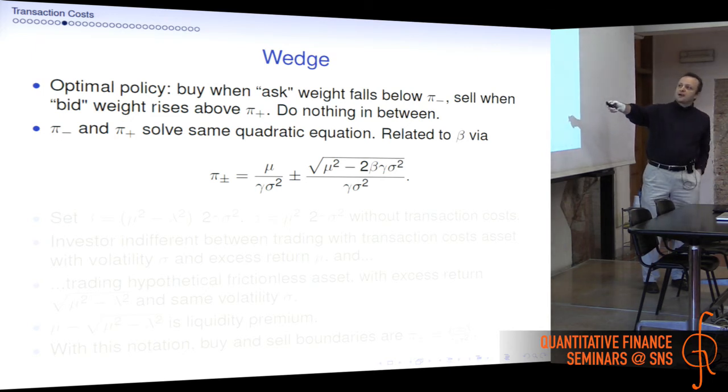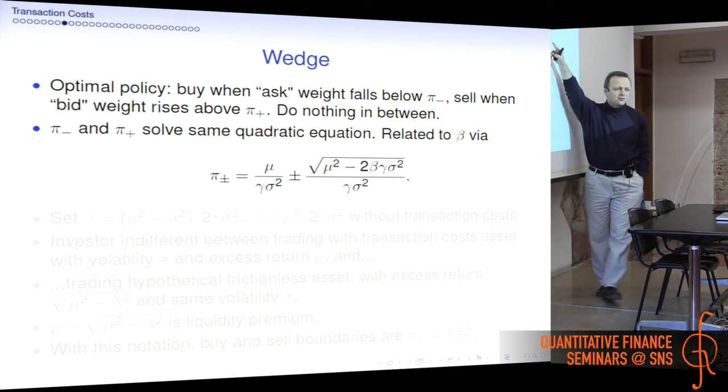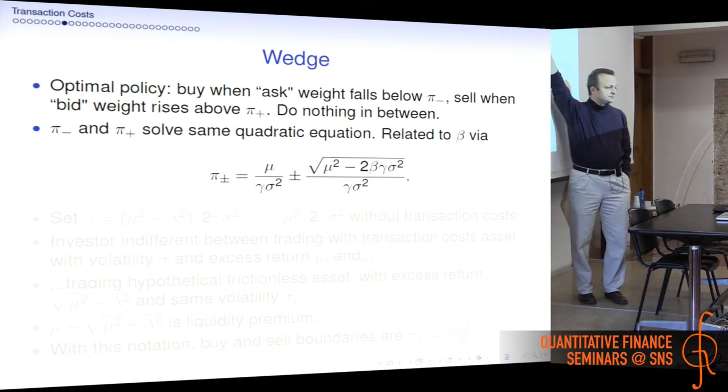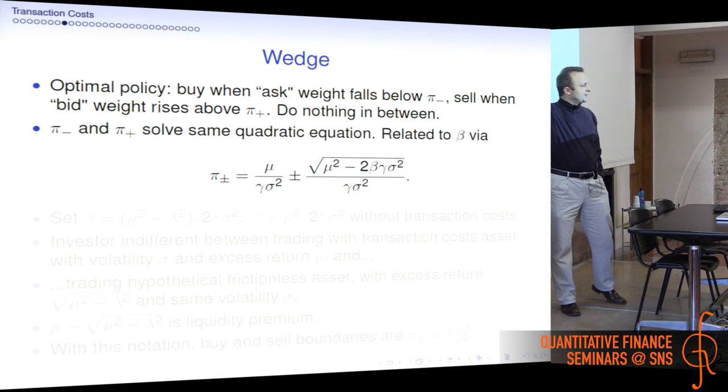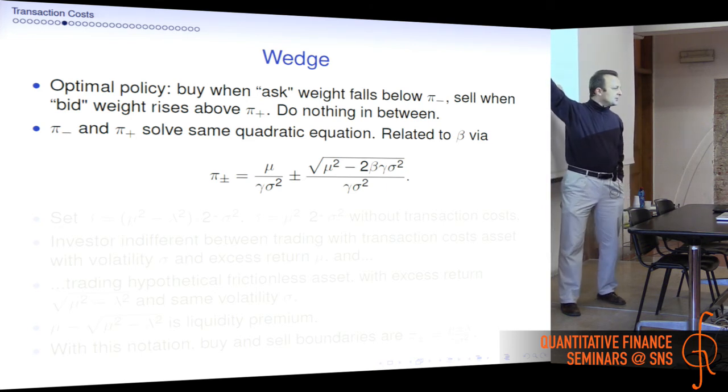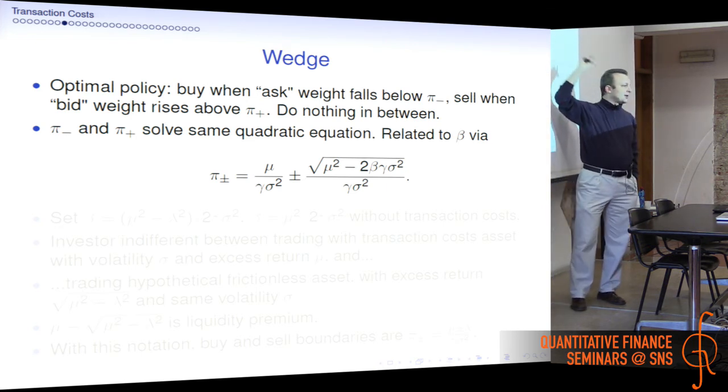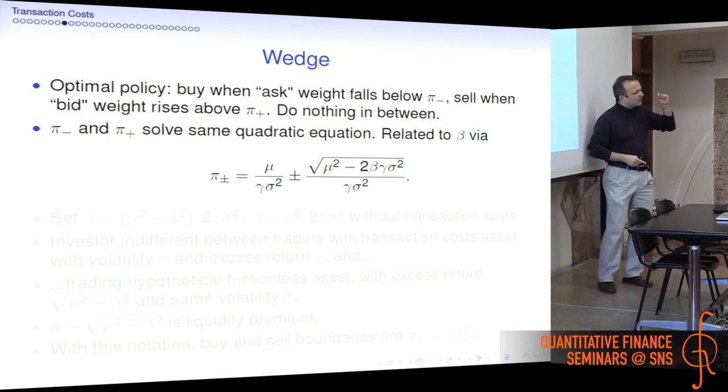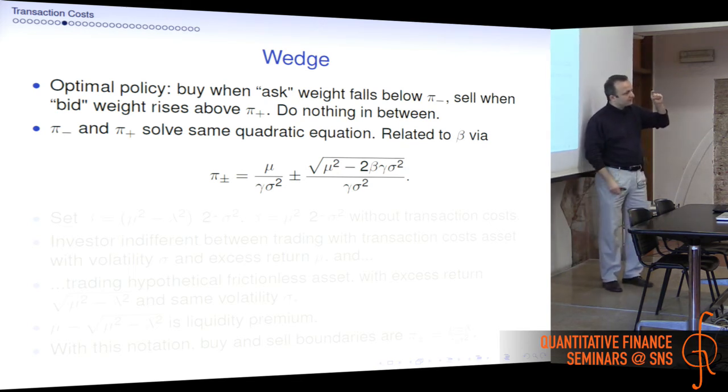So what is going on is that the price at which you buy is going to be the Merton fraction plus a certain amount. Okay? The certain amount depends on beta, which we haven't found exactly. The price at which you sell, pi minus, is going to be, again, the Merton fraction minus the same amount. So you have opened a wedge around Merton, a symmetric wedge, and you're going to sell when you reach the upper level.